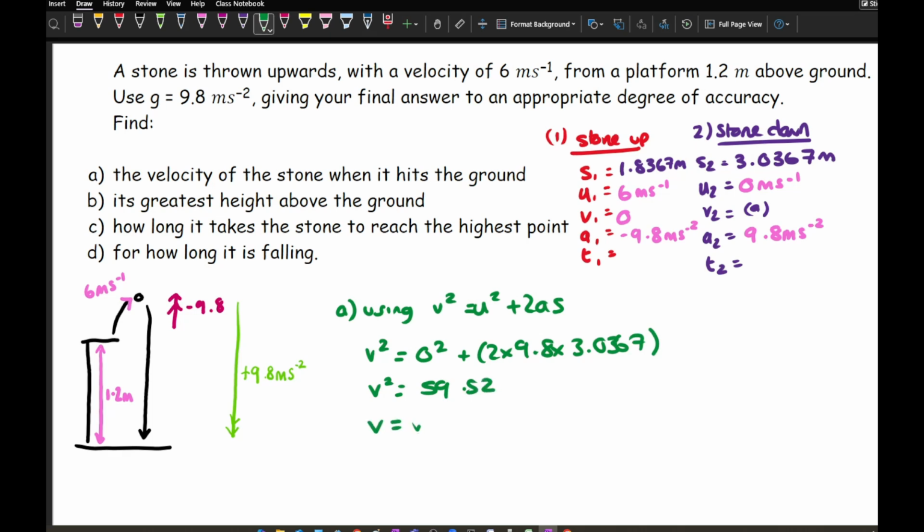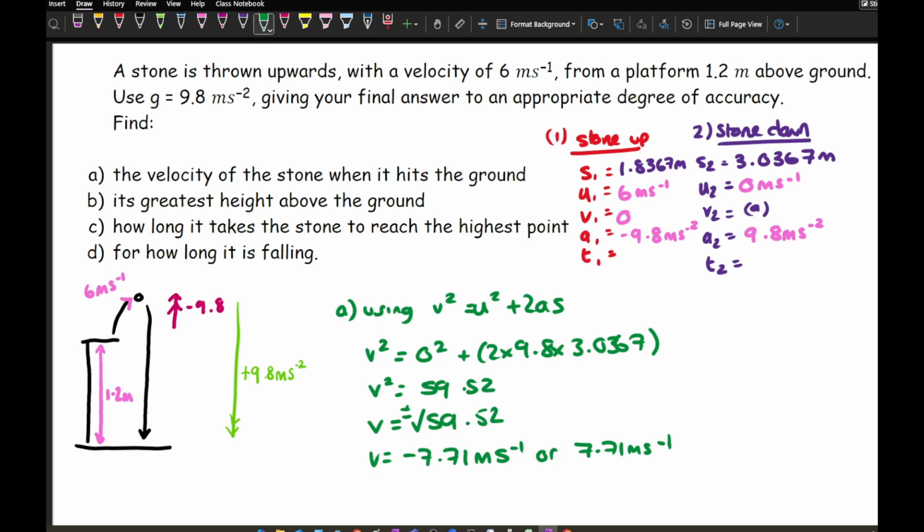So V is going to equal the plus or minus of that answer, in which I get a V value of minus 7.71 meters per second, or 7.71 meters per second.